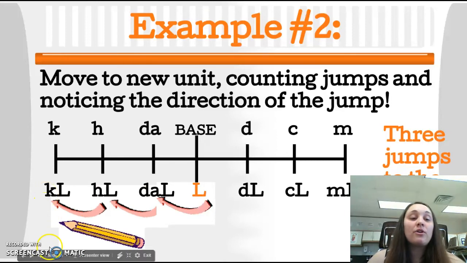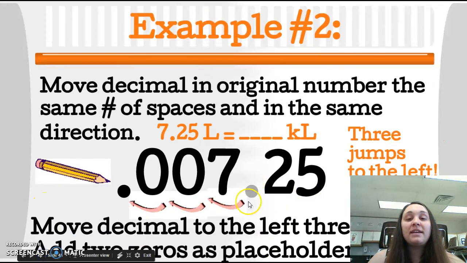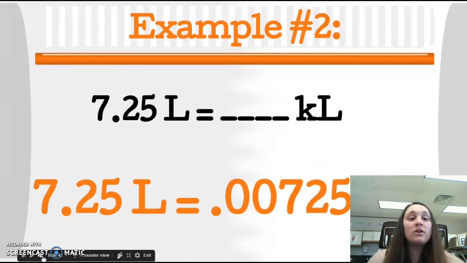Okay, so in our original number, we need to take our decimal point and move it 3 jumps to the left. 1, 2, 3. Add zeros once again for your placeholders. So 7.25 liters is 0.00725 kiloliters.